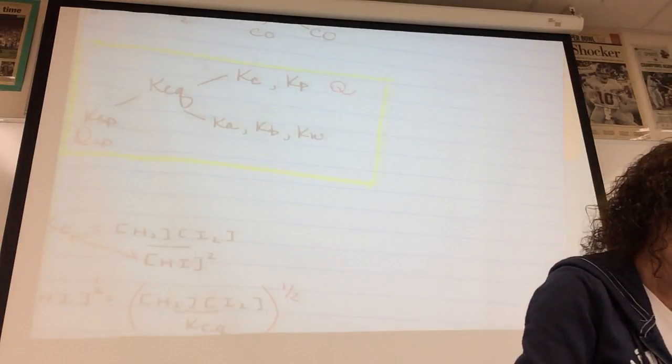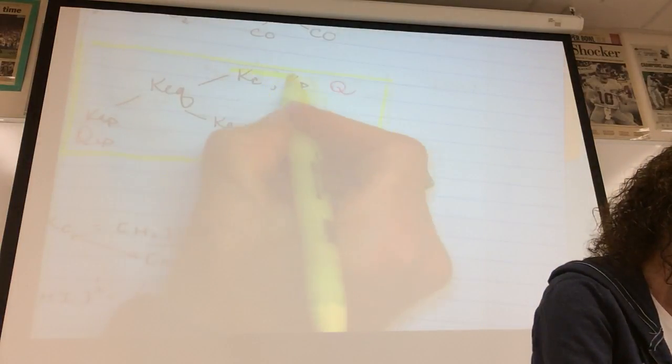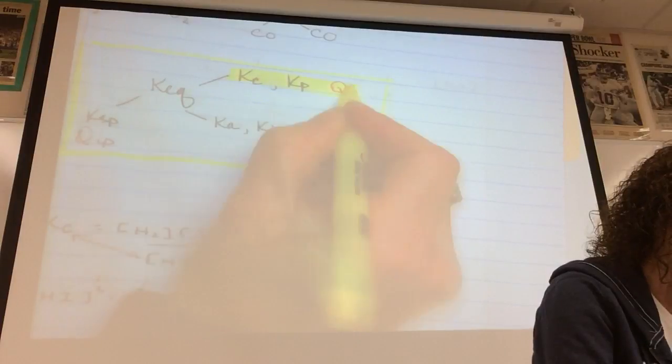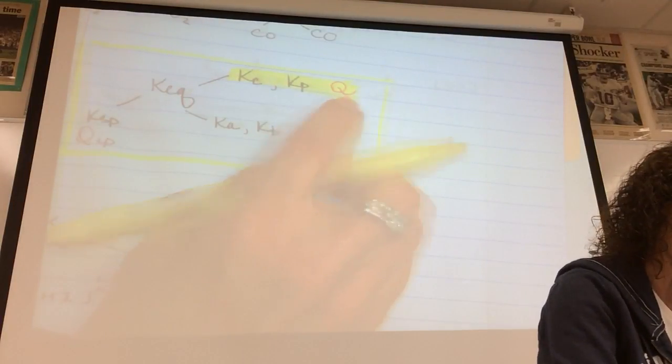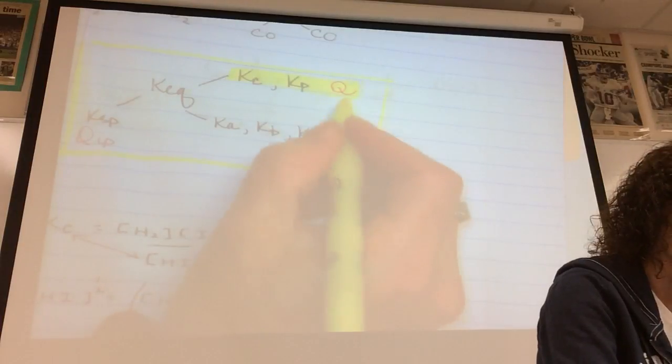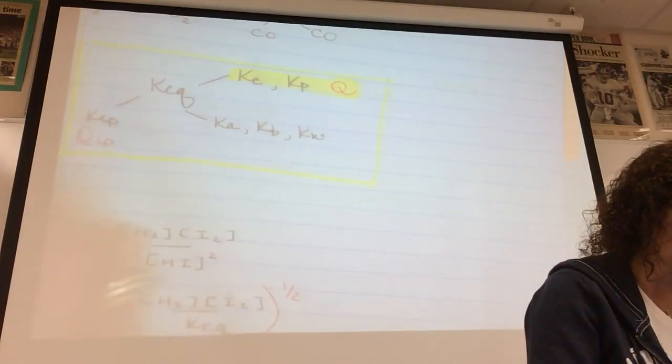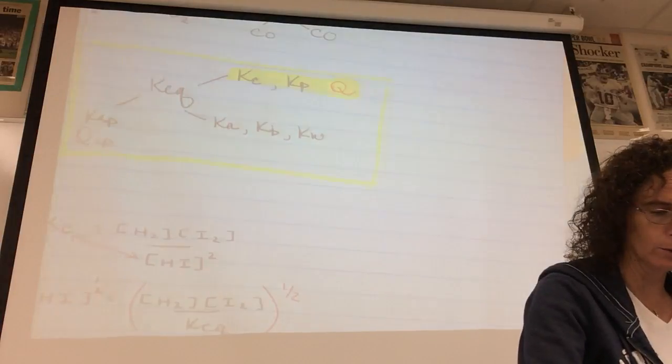So in this chapter, in the equilibrium chapter, we're going to deal with Kc, Kp, and then those of course are equilibrium based, and Q, which is based on initial amounts, and the Pogil packet will delve into Q quite nicely, so I do recommend it.